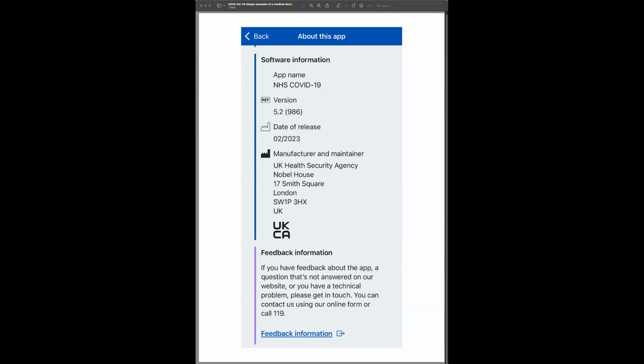The ISO 15223-1 symbols are down the left. REF means, for software, what's the version? The little unfilled factory-looking symbol talks about when you manufacture; the filled-in factory is the name and address of the manufacturer. The feedback information is how you can actually contact, in this case, the UK HSA.